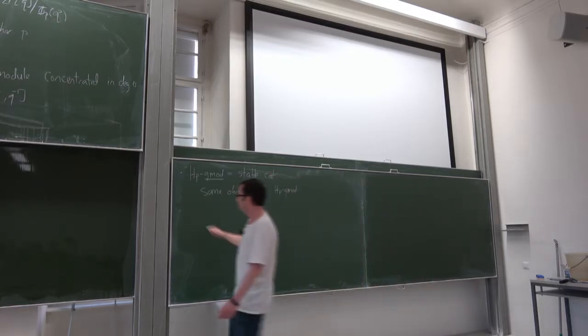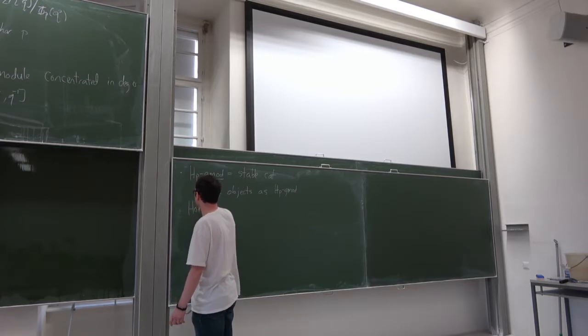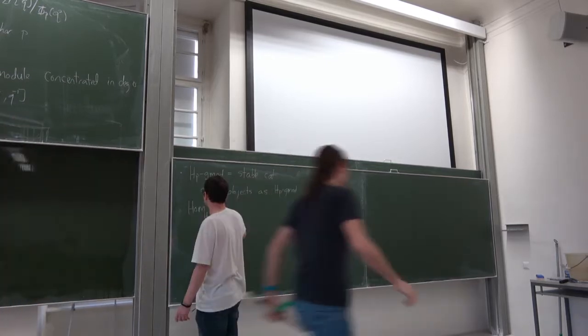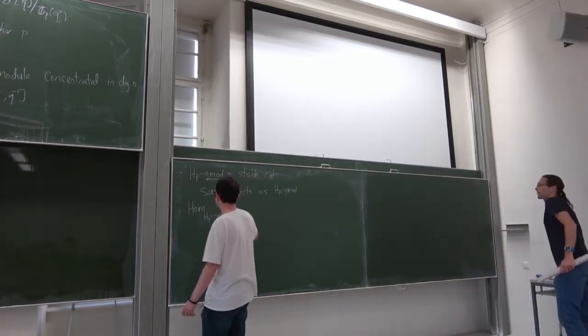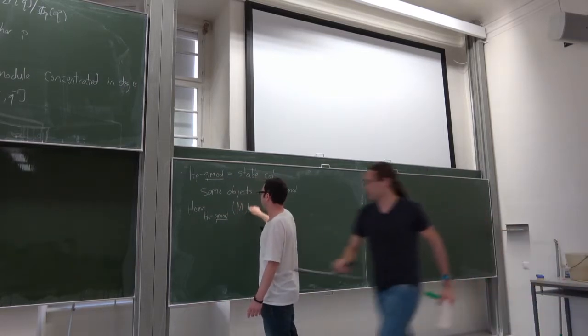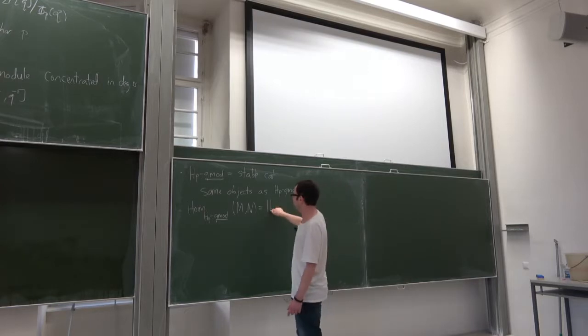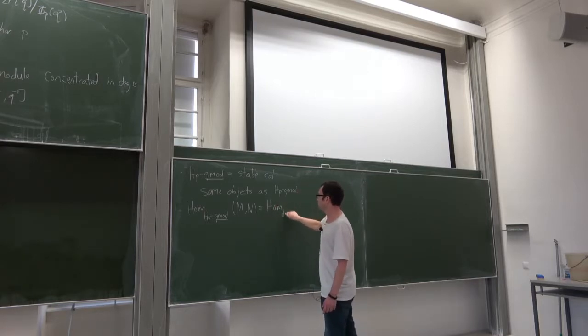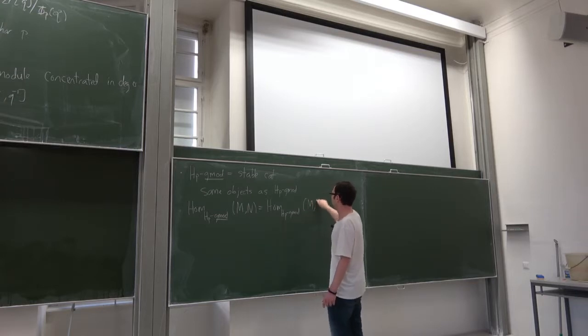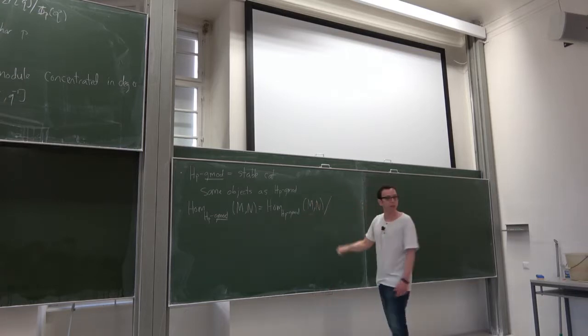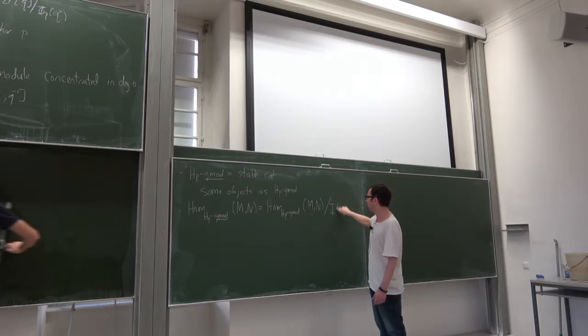So Hom in this category between two modules M and N is the Hom in the original category, but then we factor out by some ideal, some subspace.